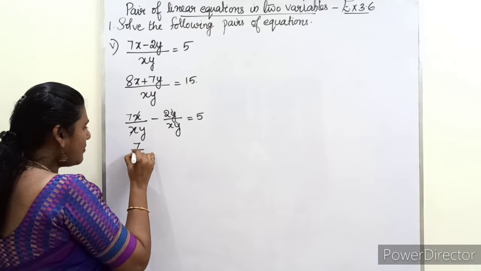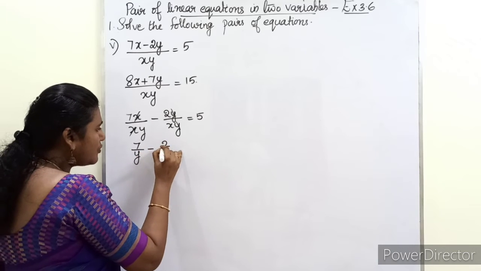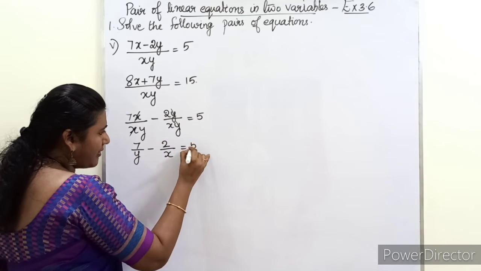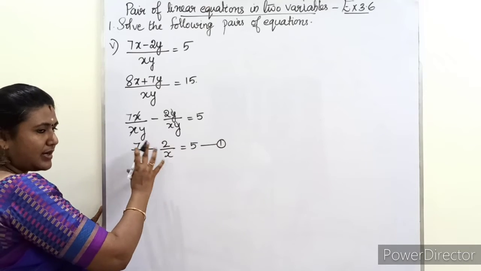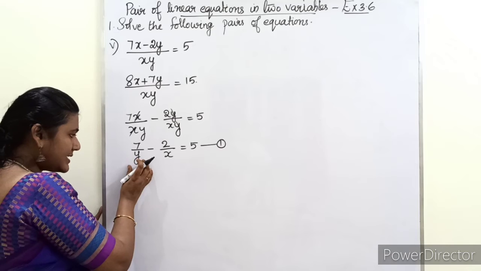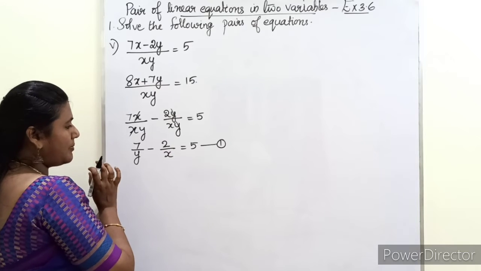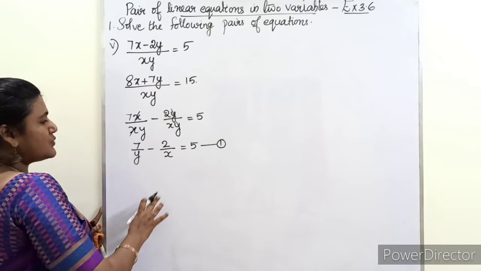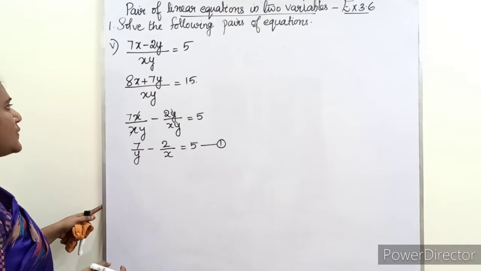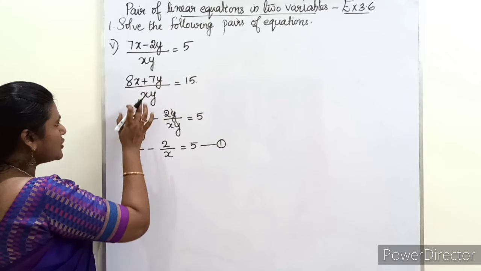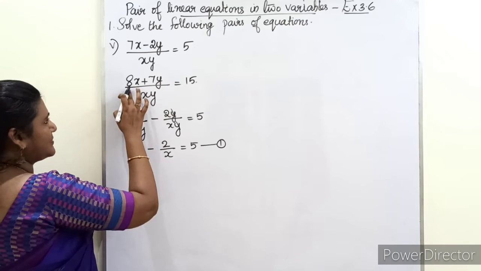That is 7 by y minus 2 by x is equal to 5. This is the first equation. So it has changed into the normal form, that is the variable is in the denominator. Here we will do substitution. So 1 by y we can take as p and 1 by x we can take as q.